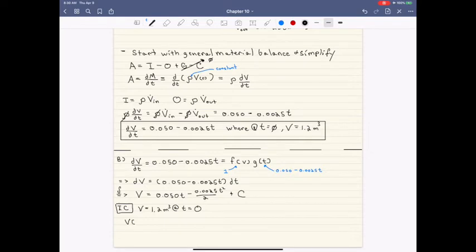So v at time equal to 0 is equal to 1.2. On the right-hand side, we're going to plug in 0 for t. So we have a 0 there, and 0.0025 over 2 times 0 squared, and then we have our unknown constant.